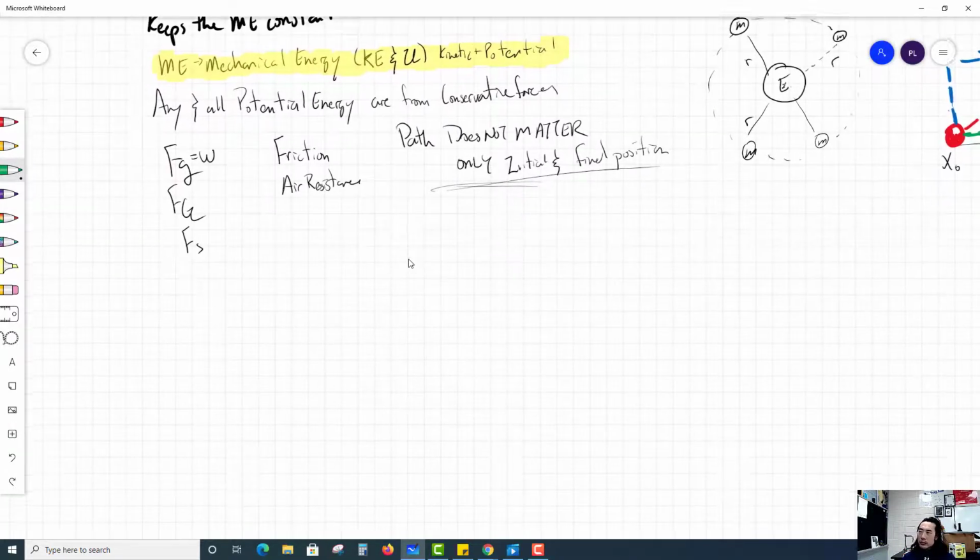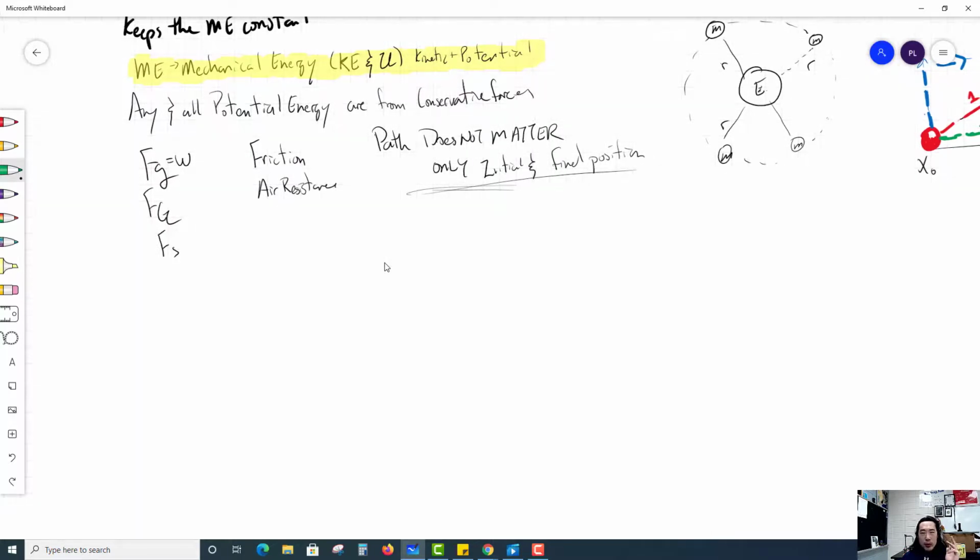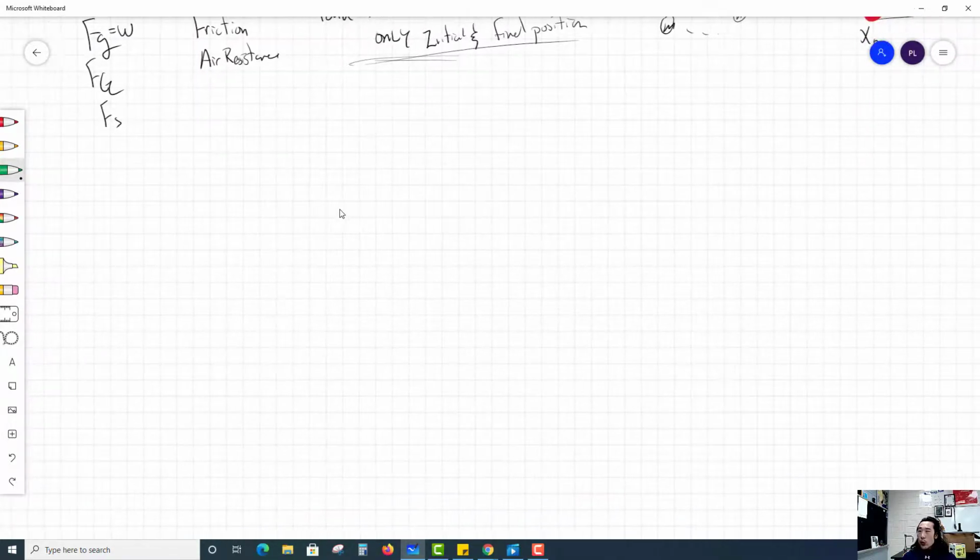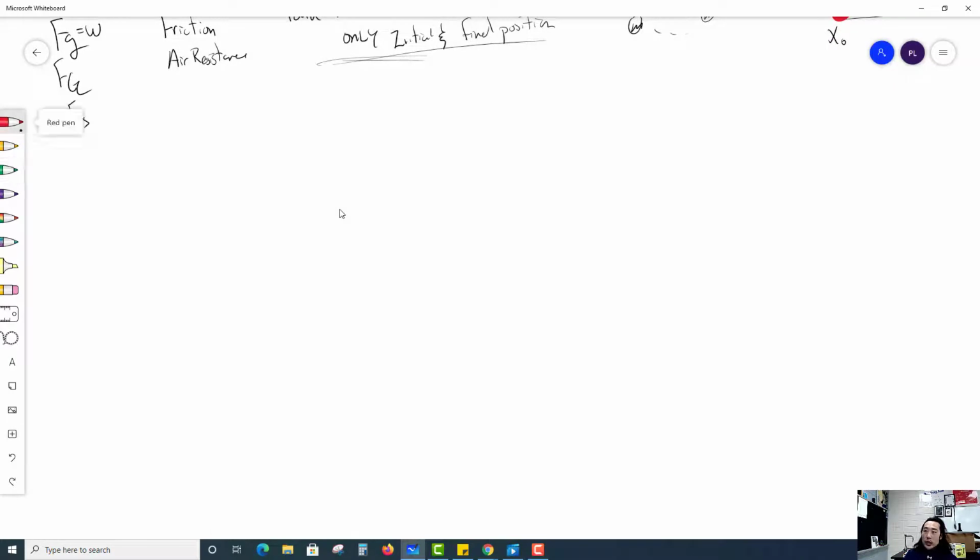All right. And an easy way to memorize this is that any type of potential energy comes from a conservative force. All right. So let's go into the actual equations for potential energy. So like I said before, potential energy, the variable is U, okay? And there's usually a subscript.